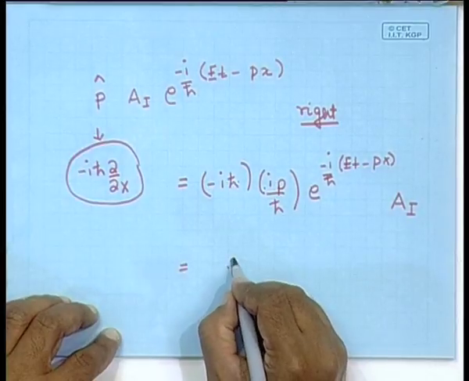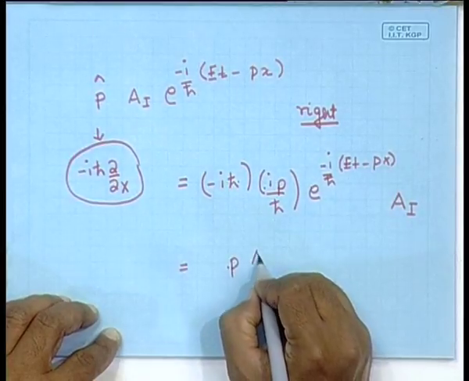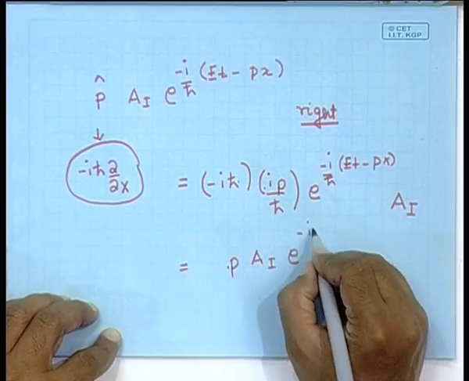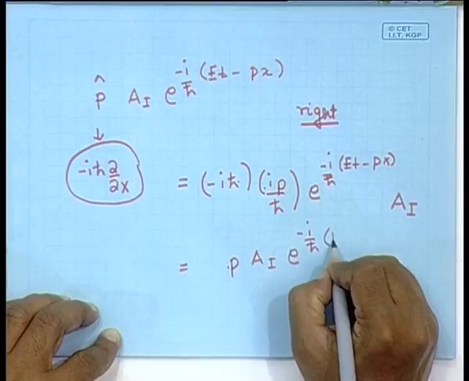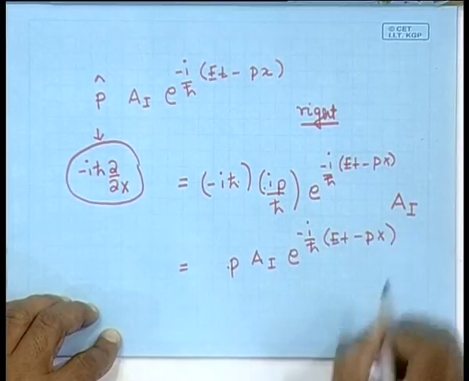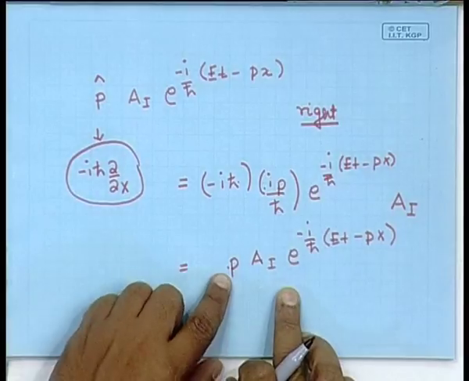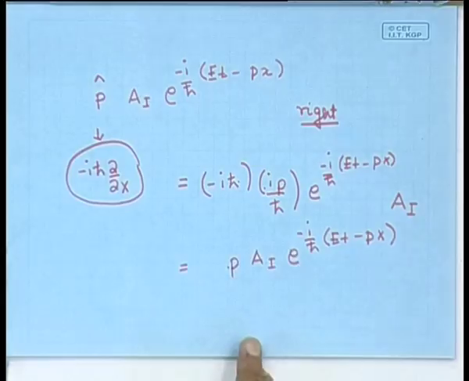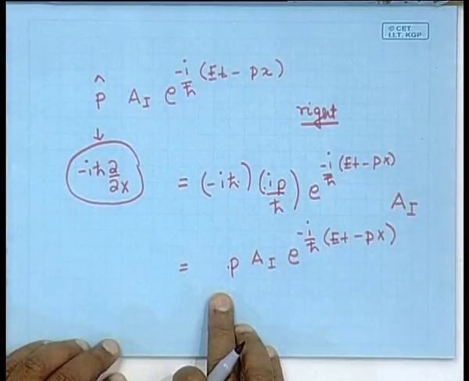So what we get is p into A1 e to the power minus i by h cross (E t minus p x). So this function is an eigenfunction of the momentum operator with momentum plus p.